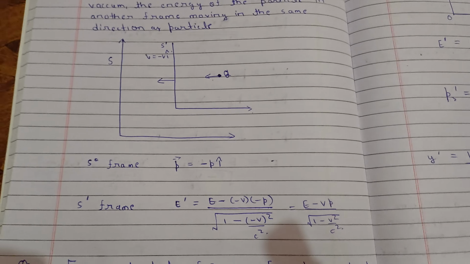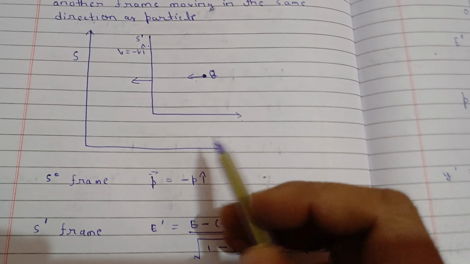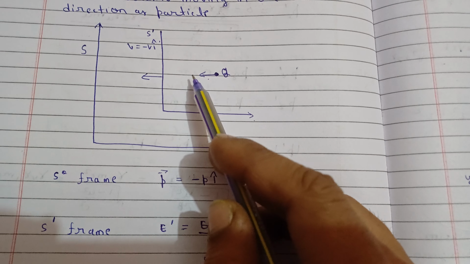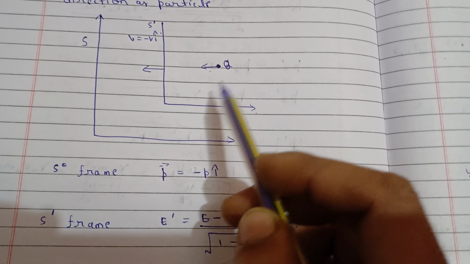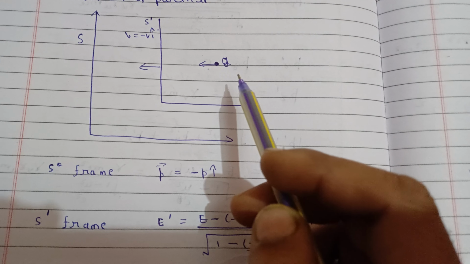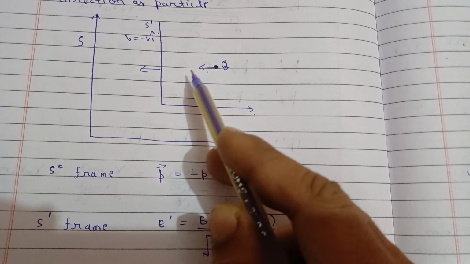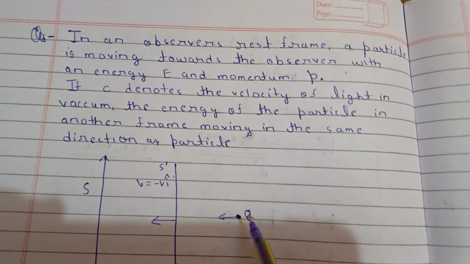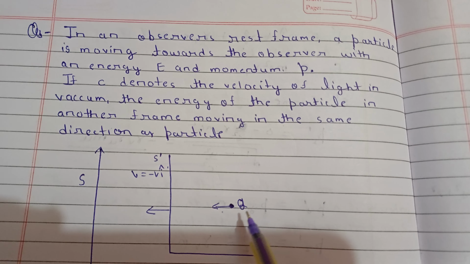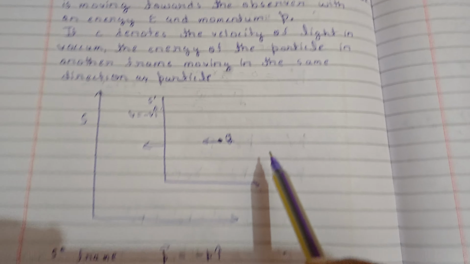Same formula. For the S prime, you put the formula for E prime, and the momentum is in this direction, so you put minus p i cap here. In all other directions it will be 0. It will only be in the i cap direction, and the velocity vector is also in the minus i cap direction. So the velocity of the particle will be taken as minus v i cap, and the momentum will be minus p i cap.